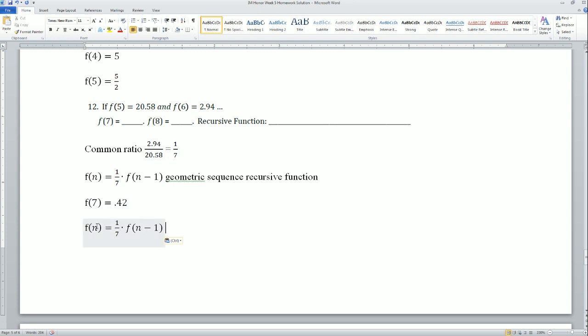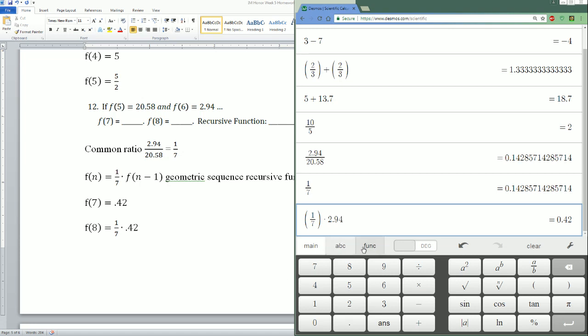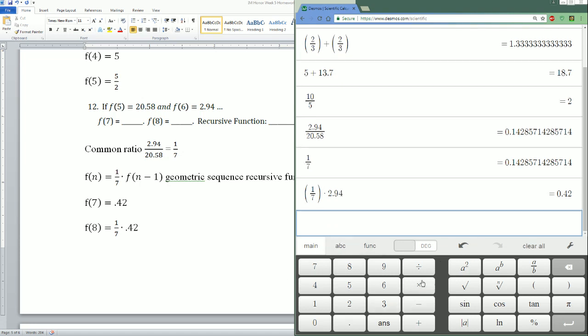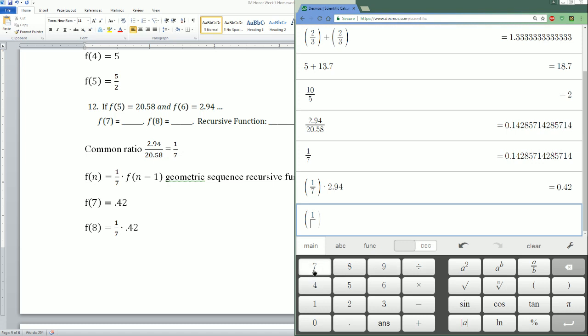I'm trying to find f of 8 now. Okay? 8. So substitute 8 for n. What's 8 subtract 1, which is 7. What is f of 7? We know f of 7 from our previous one is 0.42. What you're going to do is 0.42 times 1 over 7. So 1 divided by 7 times 0.42.